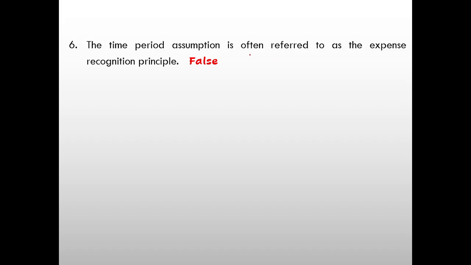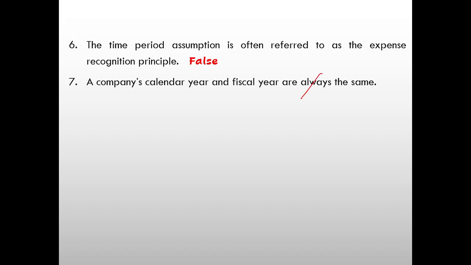The time period assumption is often referred to as the periodicity assumption. Number 7. Companies' calendar year and fiscal year are always the same. Of course, false. Sometimes they are the same, sometimes they are not.